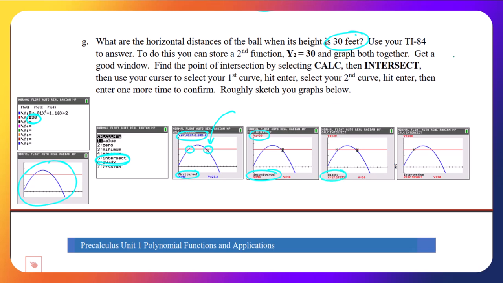And then guess, well, for your first guess, you can move the cursor close to this intersection, and I'll find out the x value where that occurs. What you're going to do is do this again, but this time guess over here and find out the x value on this side.